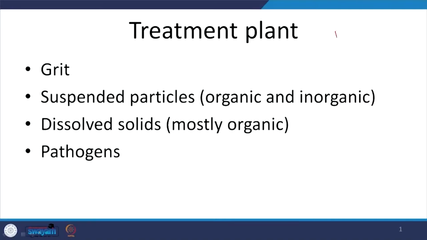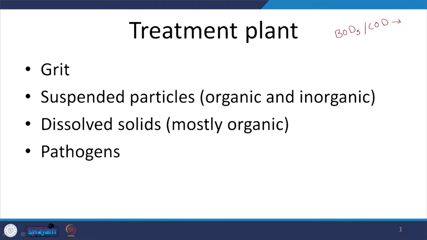And then we started looking at various aspects in terms of quality and quantity of the water that is going to be coming into the wastewater treatment plant. In that context, we looked at 4 or 5 major parameters. What were they? Let us just have a quick recap. BOD and COD, which more or less look at the organics.